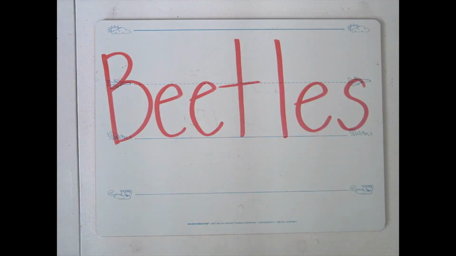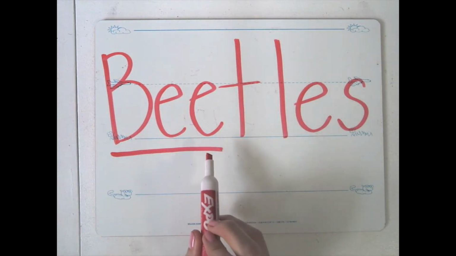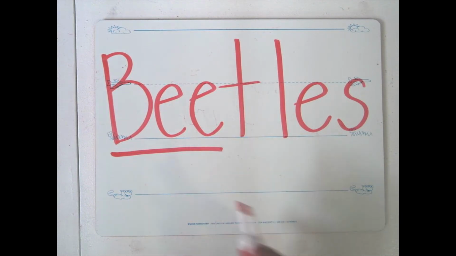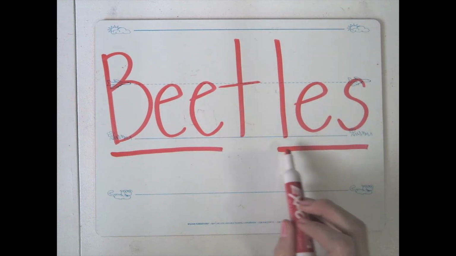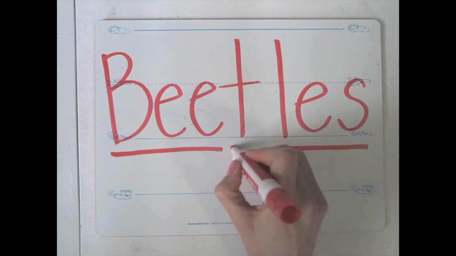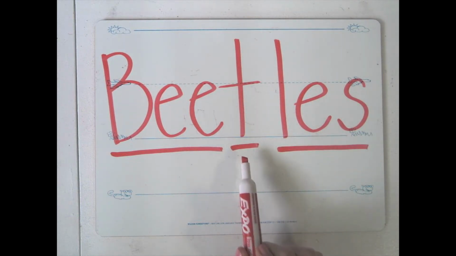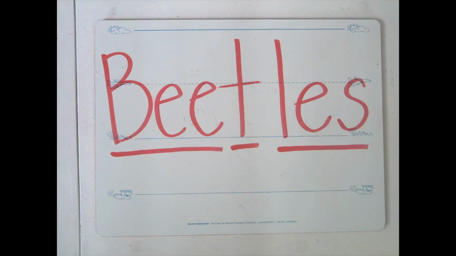When I look at this word, the first chunk that I see is bee. Bee is a smaller word that I know. The next chunk that I see is les. Les is a letter ending I've seen before. The middle letter is T. T sounds like T. Let's put these 3 chunks together.